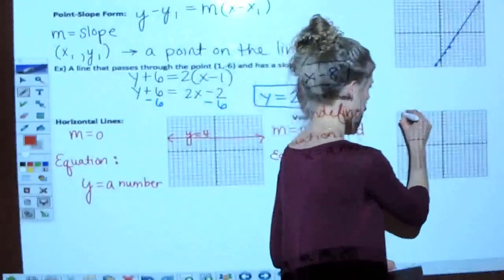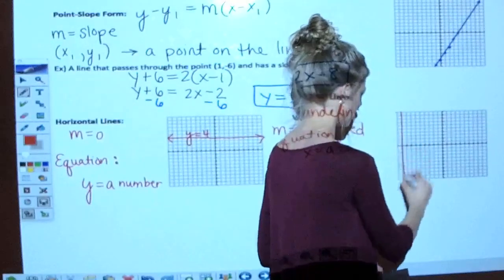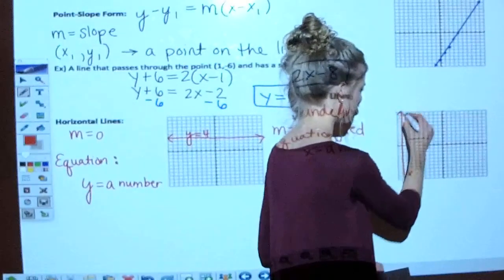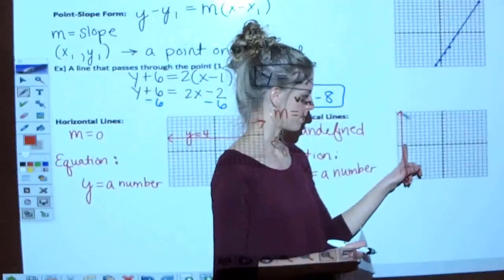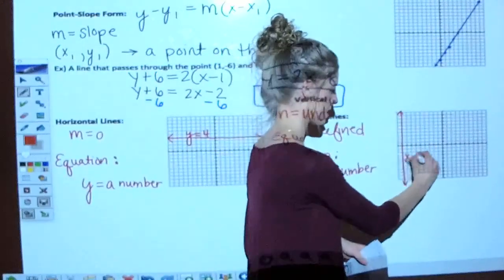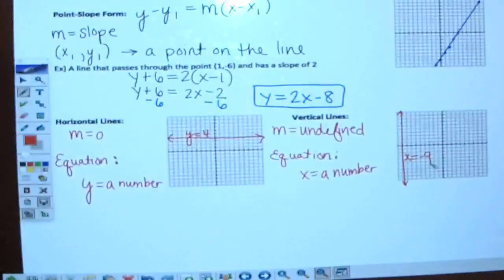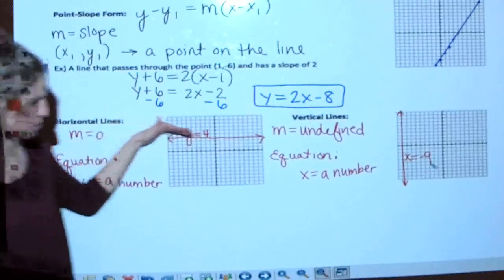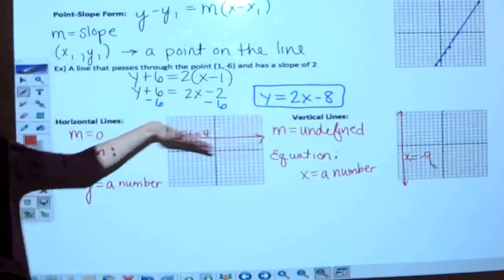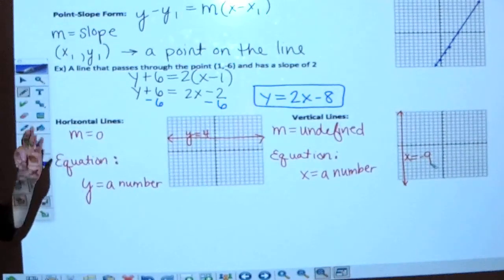So if it goes through x is -9, your equation would just be x equals -9. So if it goes through the x-axis, it's x equals. If it goes through the y-axis, it's y equals. Does that make sense?